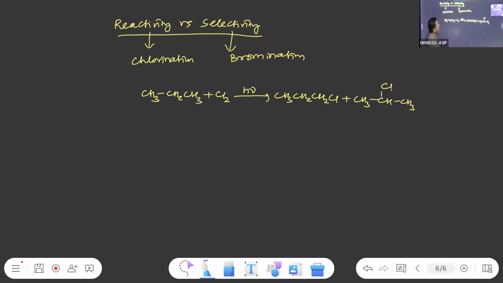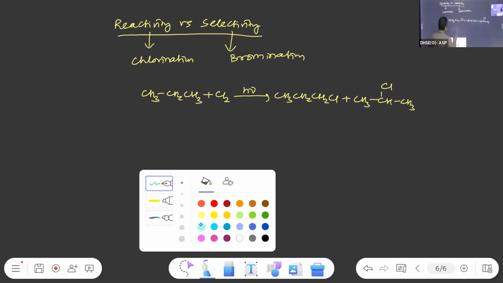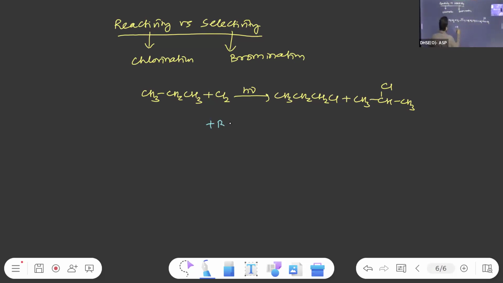Or the same propane upon bromination makes the product 2-bromopropane. So this is the difference between reactivity and selectivity.